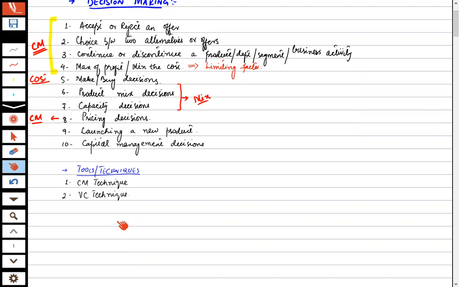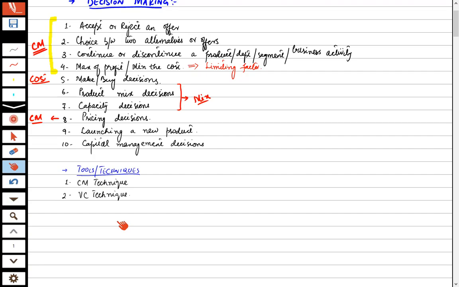Basically, in the CM technique, you calculate the CM, which is sales minus variable cost. But the variable cost technique doesn't include the CM. You have said it right.